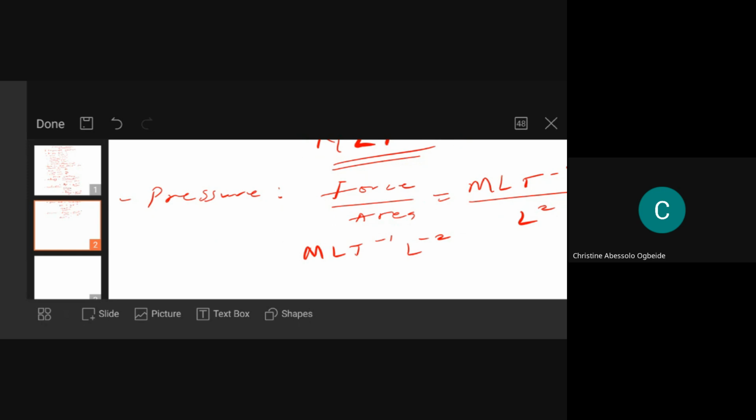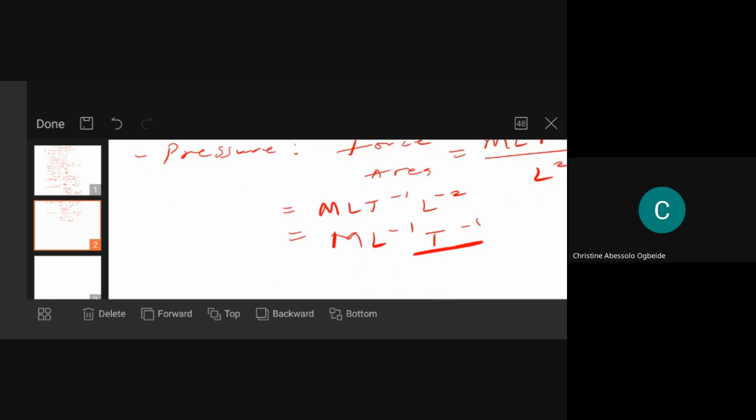Then applying the simple law of indices, with L raised to power 1 and L to the minus 2, this becomes ML raised to power minus 1, T raised to power minus 2. And this is the dimension for pressure.